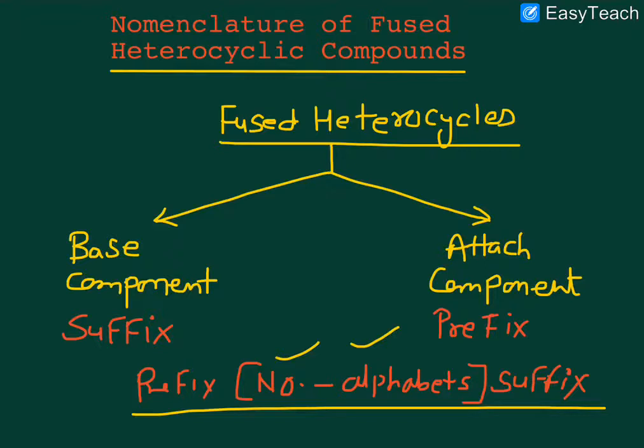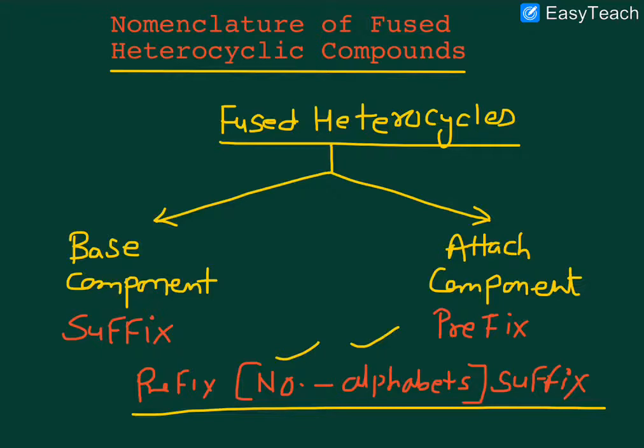The bonds of the base component are lettered with consecutive italic letters, starting with a for the 1,2 bond, b for the 2,3 bond, c for the 3,4 bond and d for the 4,5 bond. So we use the letters a, b, c for the base component.